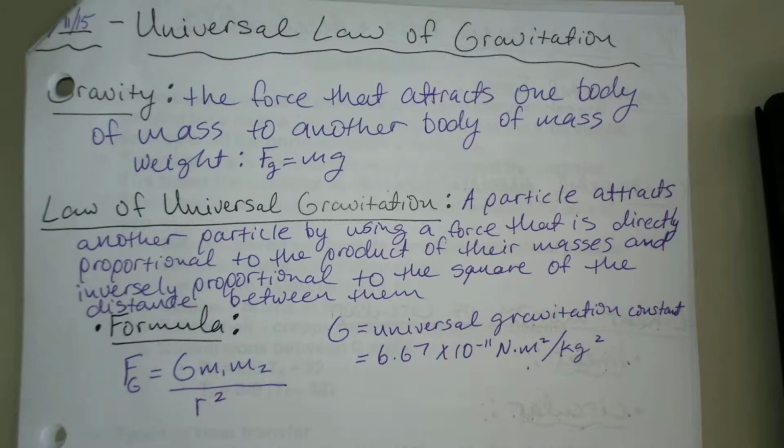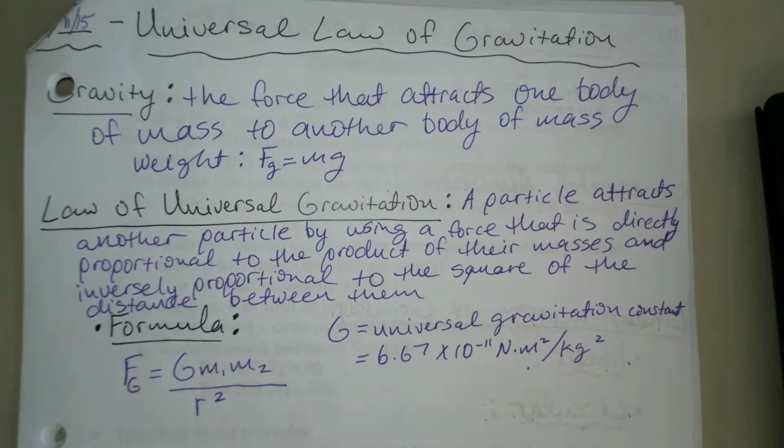Constants are simply things to make your math work. This is a constant that's given on your formula sheet. You never have to memorize that number. It's always going to be on your formula sheet.